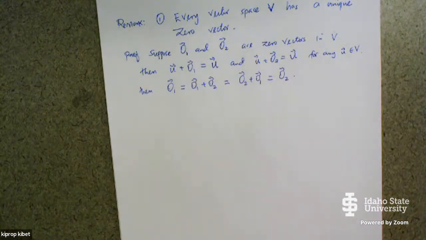So it shows that the 0 vector is unique.